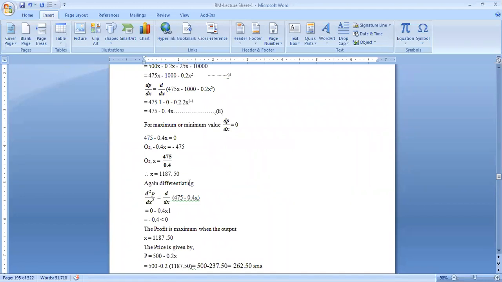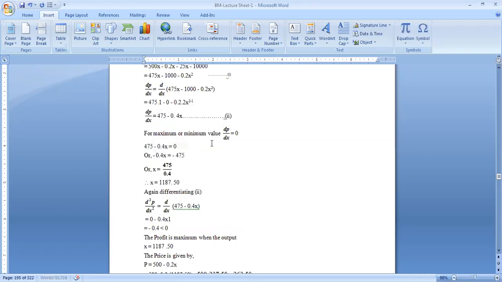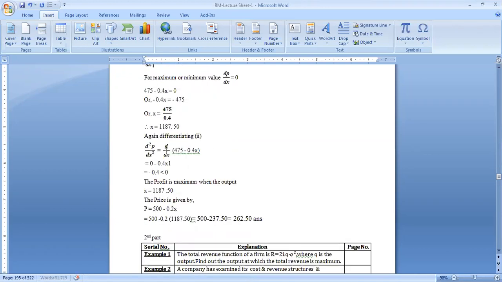Now again differentiating, we get d square p by dx square equals to d/dx of dp/dx, taking differentiation on both sides. 475 differentiation will be 0, and x differentiation will be 1.